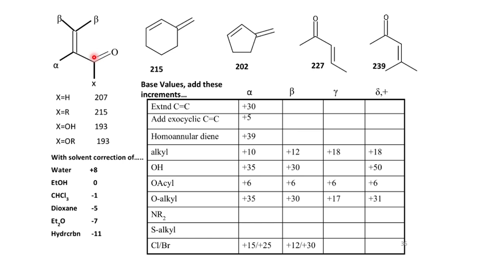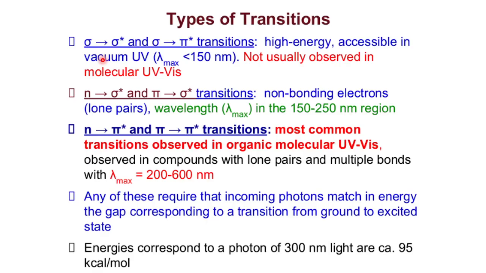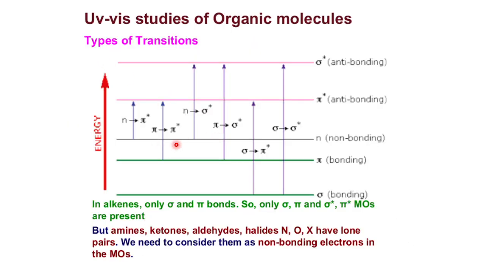This means the electron density in the pi bonding orbital will be increased a little bit through the plus I effect. When electron density is increased, the energy of this pi bonding will be a little bit increased. Obviously the pi to pi star gap will be reduced.